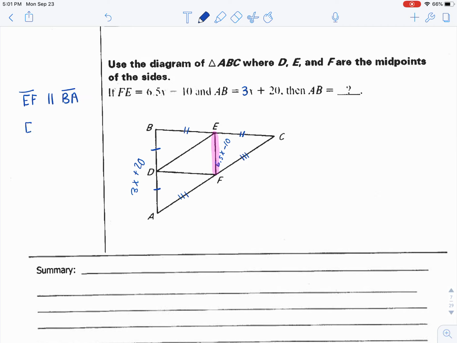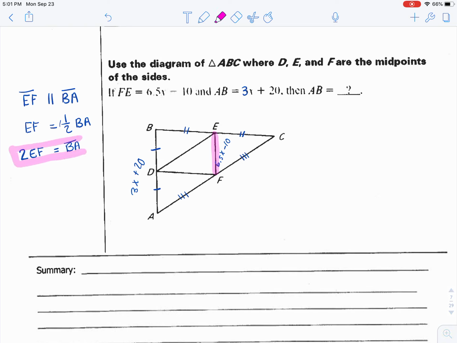Also, EF is half as long as BA. And lastly, if we don't want to deal with the fraction, we can simply double our midsegment. Double the midsegment equals the third side.